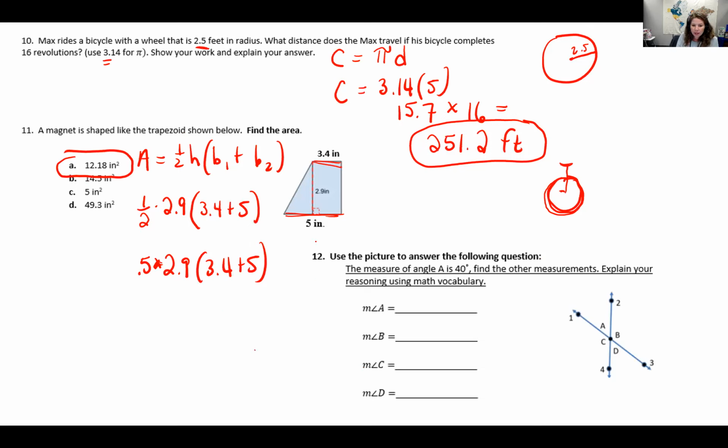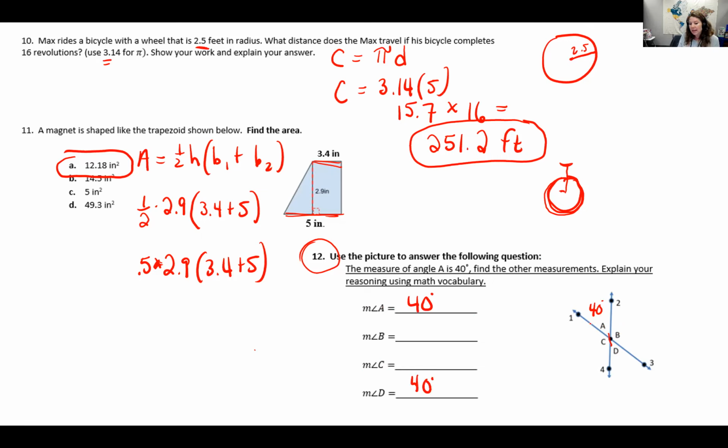So number 12, here we have two lines that intersect that form 4 angles. So they give us the measure of angle A, which is 40. And we've got to figure out the other measurements. Well, angle A is 40. Angle A is vertical to angle D, right? Vertical angles are congruent.